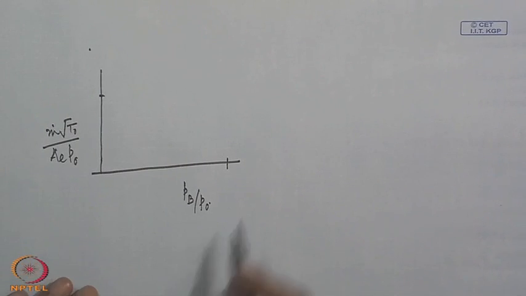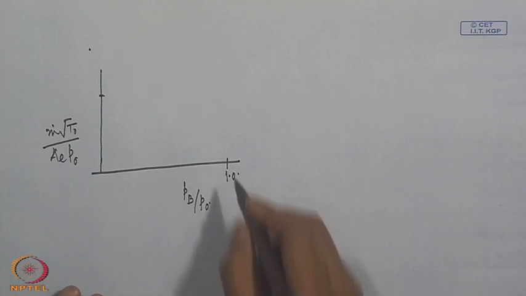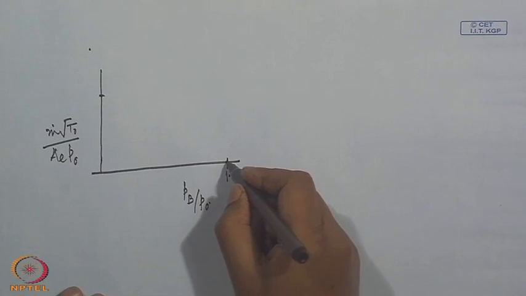When P b by P 0 is 1, there is no flow, so mass flow rate is 0.